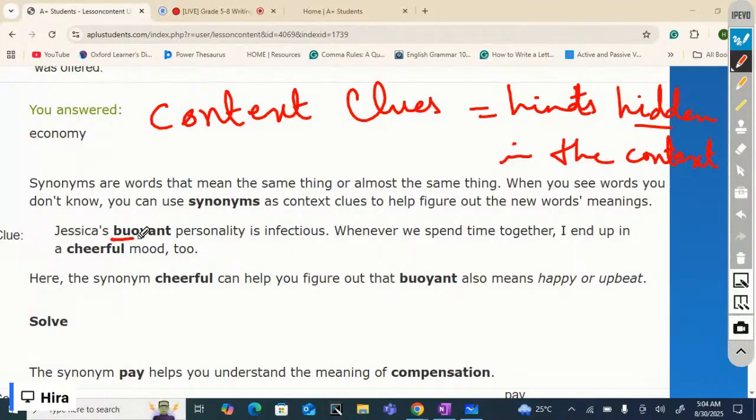Jessica's buoyant personality is infectious. Whenever we spend time together, I end up in a cheerful mood too. Now, if the word cheerful is familiar, you know the meaning.